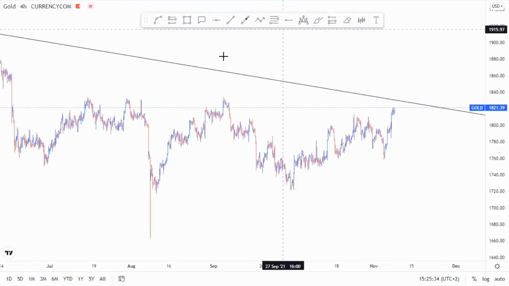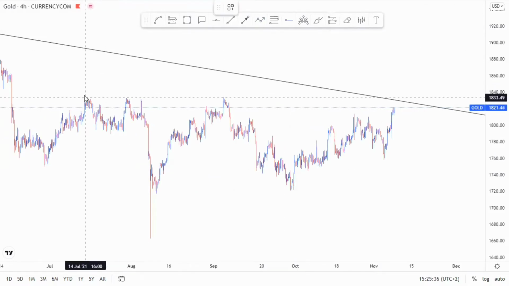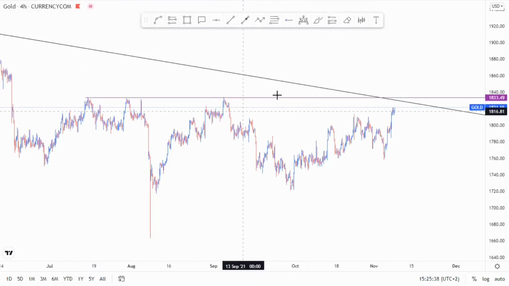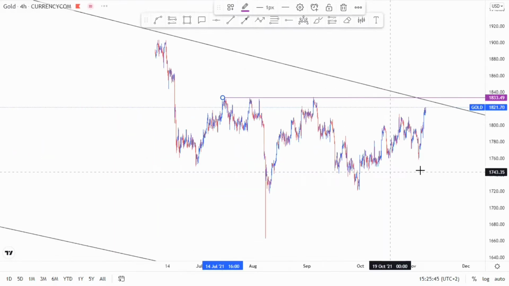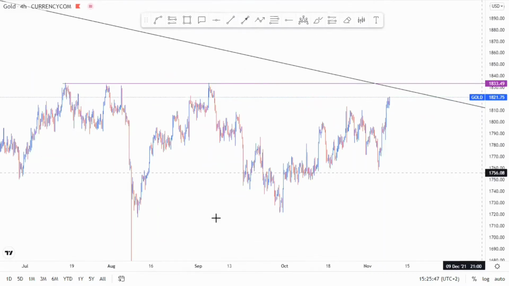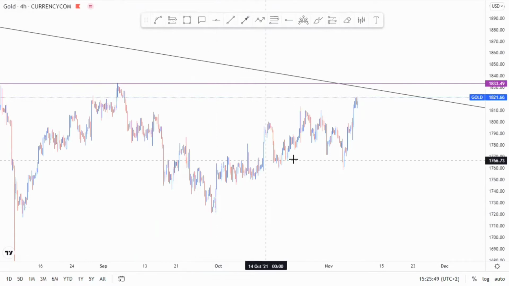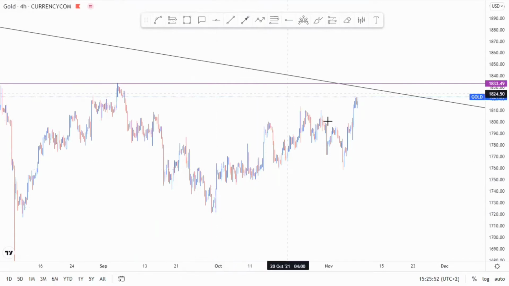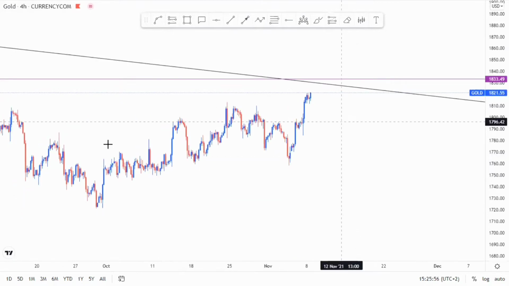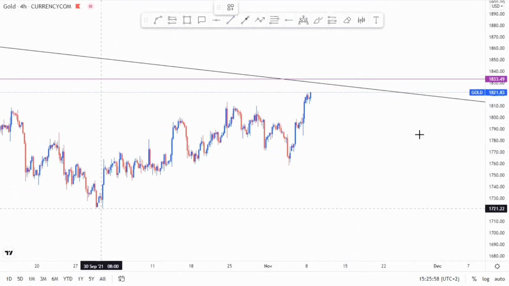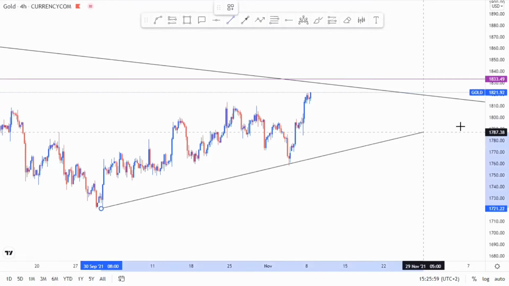As you can see, this is a resistance. Price is at the possible resistance. And as you can see, price is not moving impulsively. It's just trickling up to the resistance. So I look for a possible pattern, something like this.